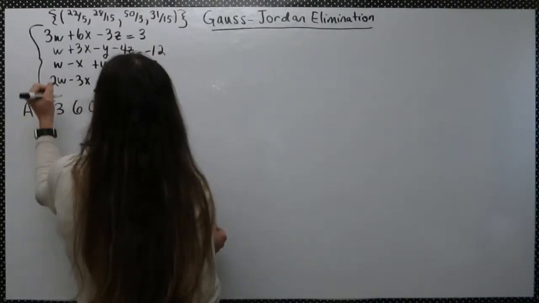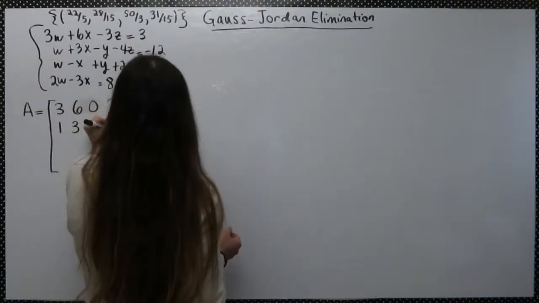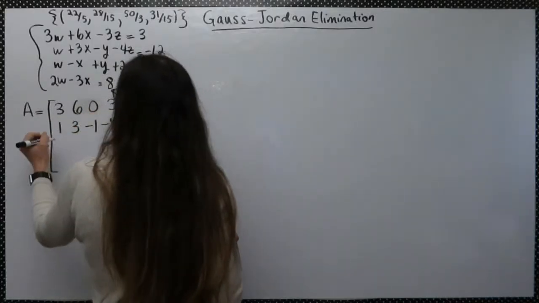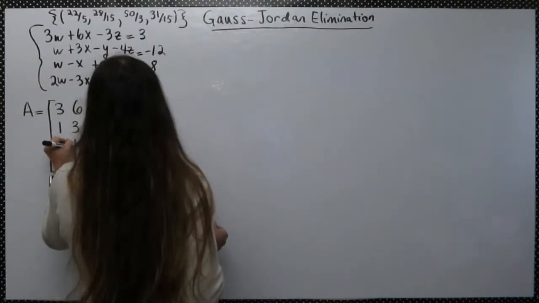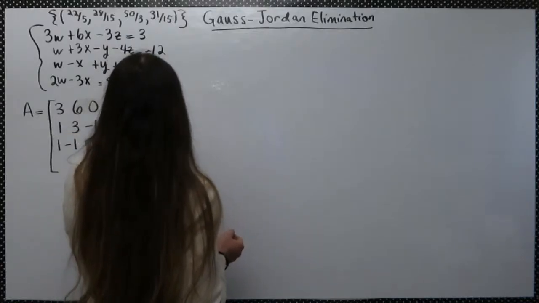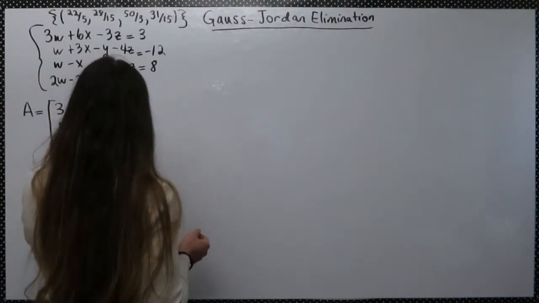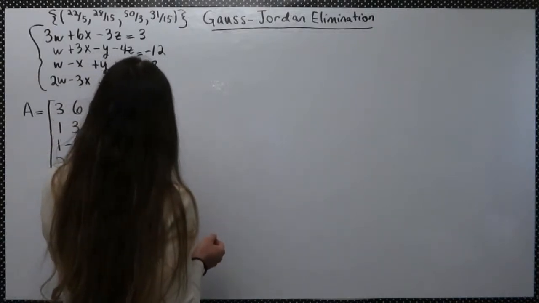And we've got 1, 3, -1, -4, -12. We've got 1, -1, 1, 2, and 8. And we've got 2, -3, 0, 0, 8.